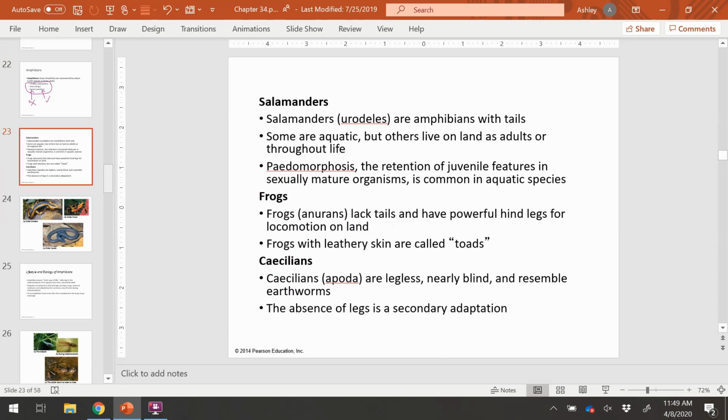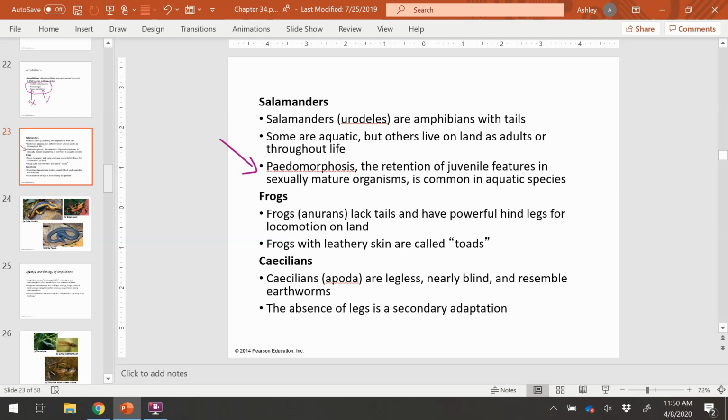All right, so salamanders, they're known for being amphibians with tails. So they have long tails. Some are aquatic, some live on land. But some groups are also known for the evolutionary change in development called paedomorphosis that we saw in the evolutionary chapters. This is where the adult retains the features of the juvenile.